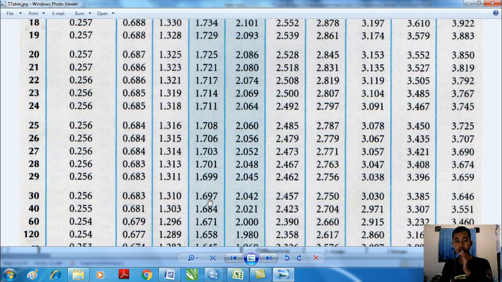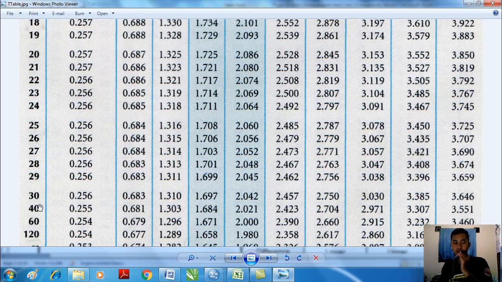This is an assumption, because it's the nearest to 30 and 40, as there is no 38 degree of freedom in the table. The alternative is to use an online calculator to find the correct critical value.